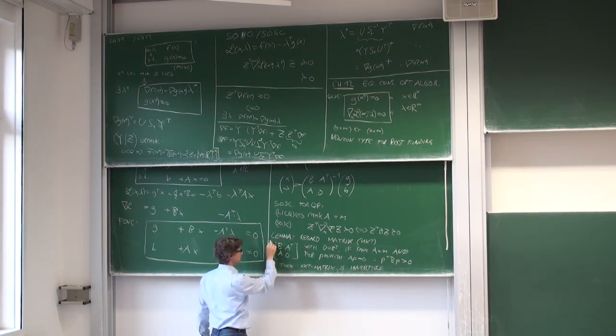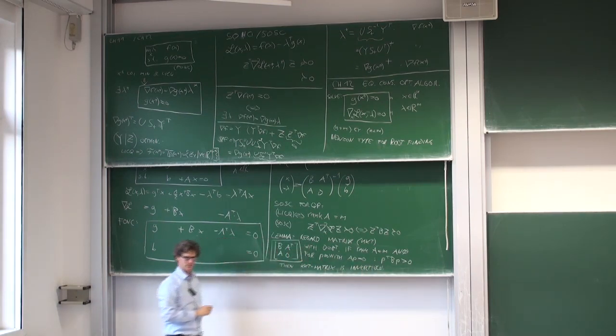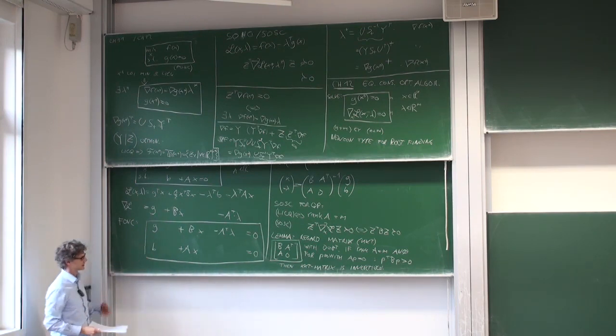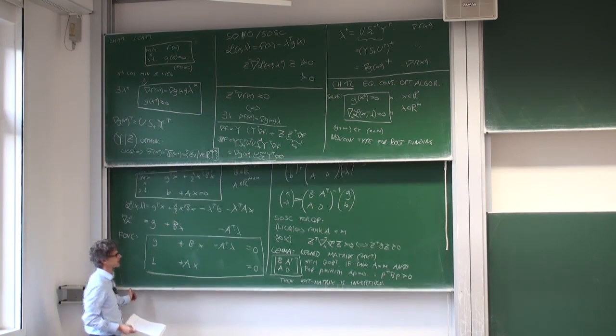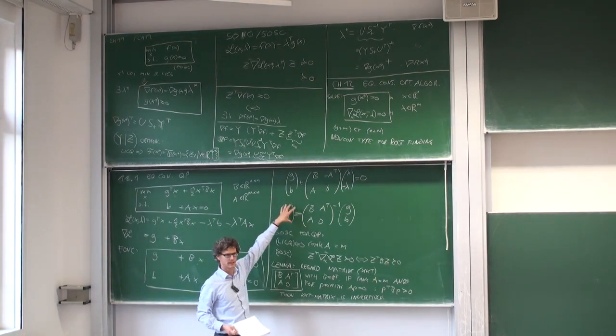Yeah, so it's all about this matrix. And if this matrix is invertible, then actually we can solve this uniquely and we are happy, and the QP is done.